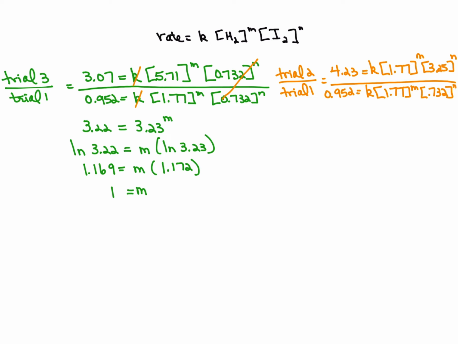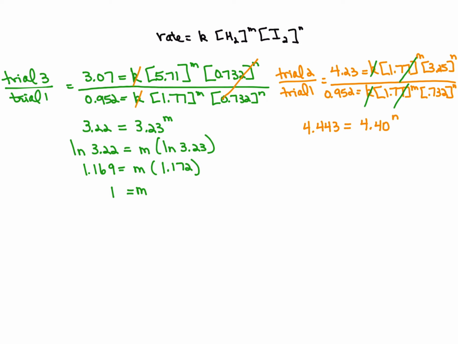Okay, I see that my H2 cancels out and my K's cancel out. So now I take 4.23 divided by 0.952 and I get 4.443. 3.25 divided by 0.732 is 4.40 to the power of n.